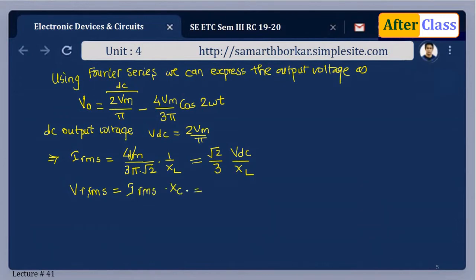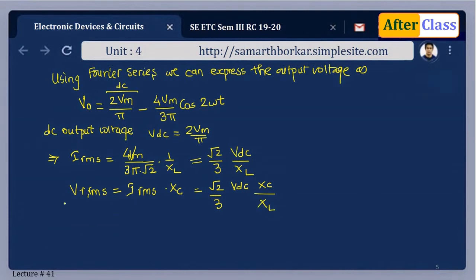So I RMS is root 2 by 3 VDC Xc divided by XL.